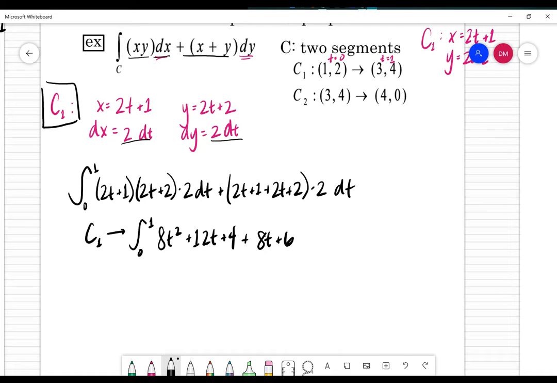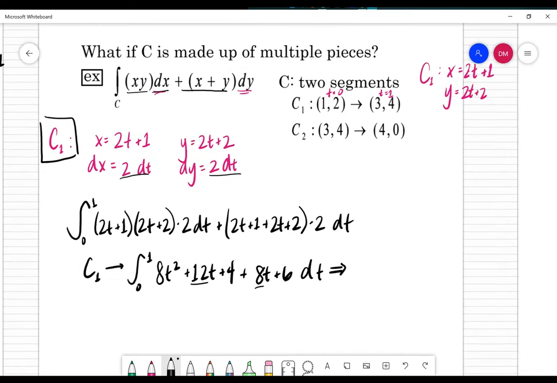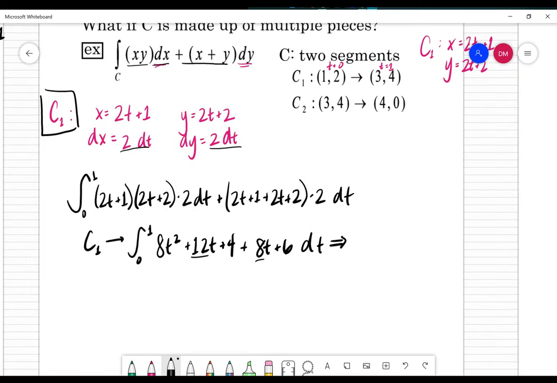I'm just combining all of that and pulling the dt to the outside of that. So clearly we can simplify this a little bit further, but essentially, you would figure out what that equals, and that tells you what the line integral would be for C1 alone, okay?